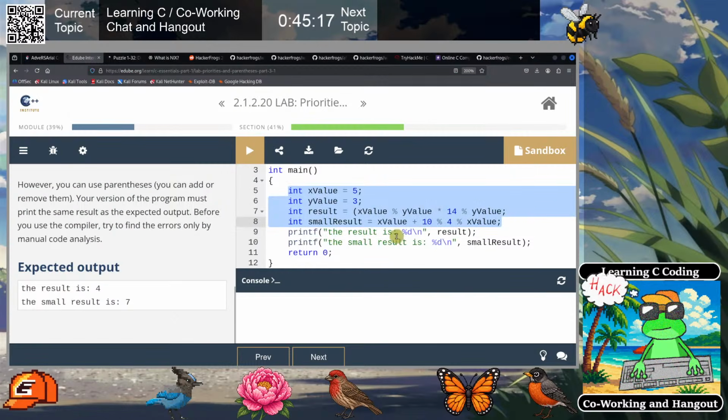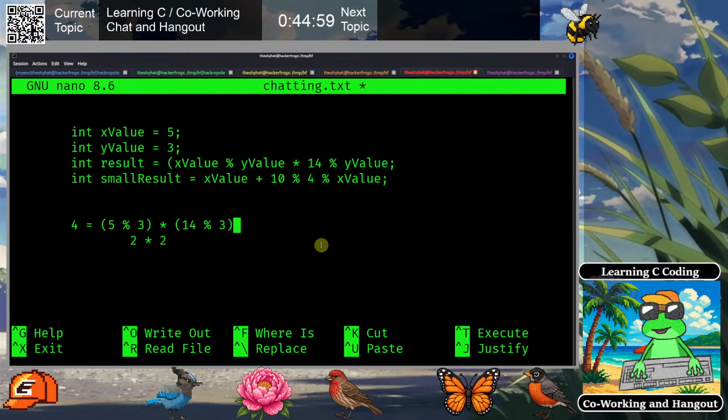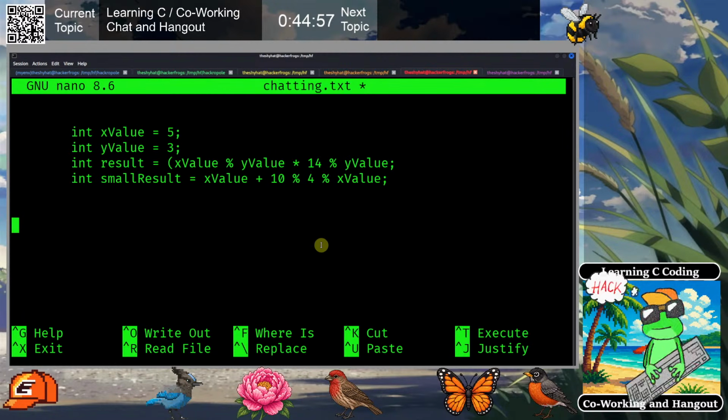So then we just need to calculate the small result. Okay, so small result is 7. So we need to calculate that.